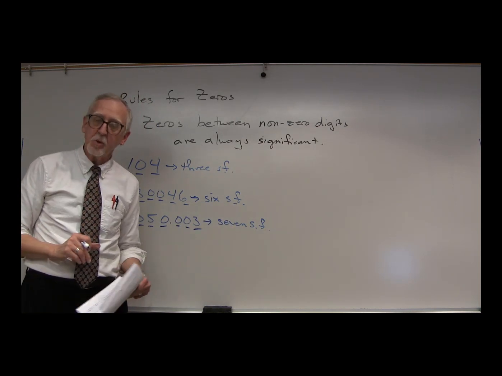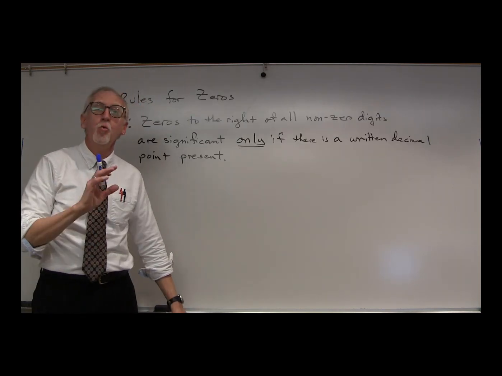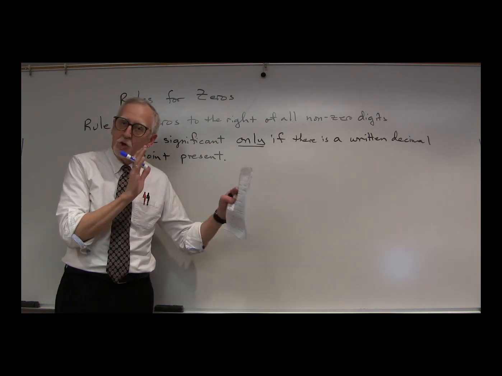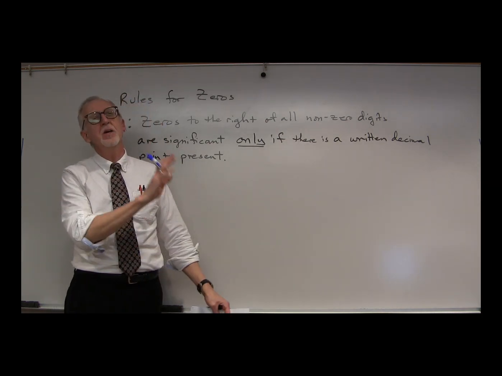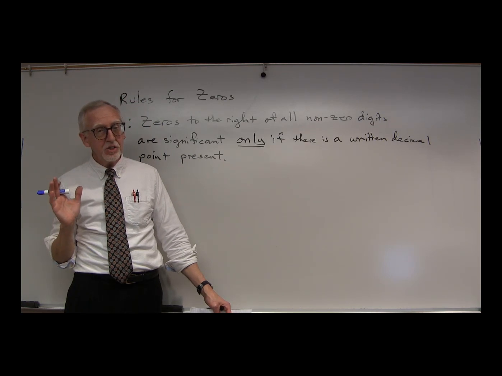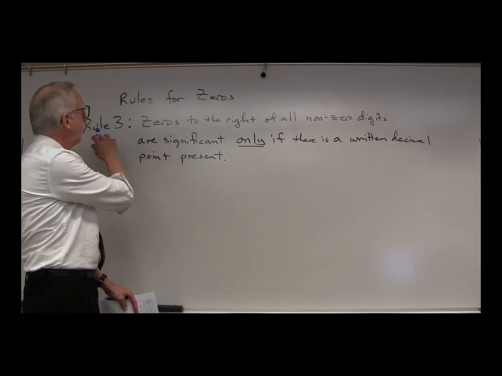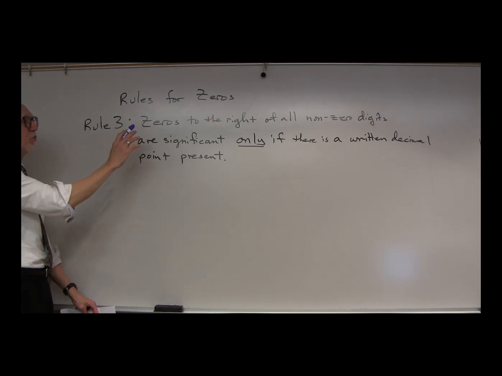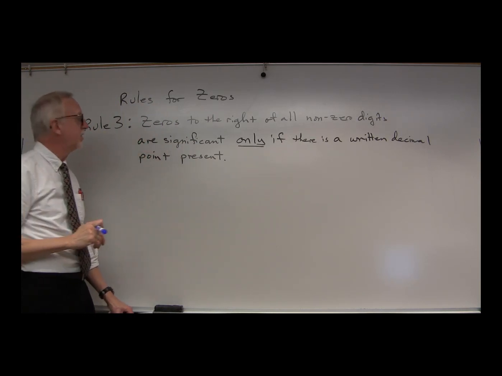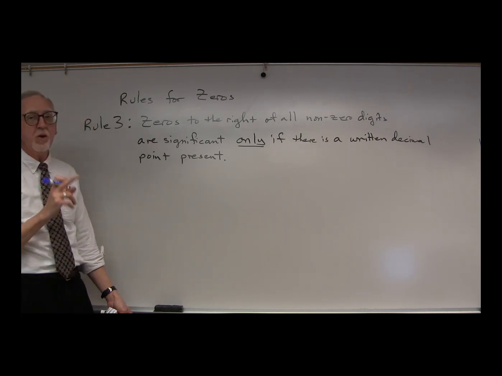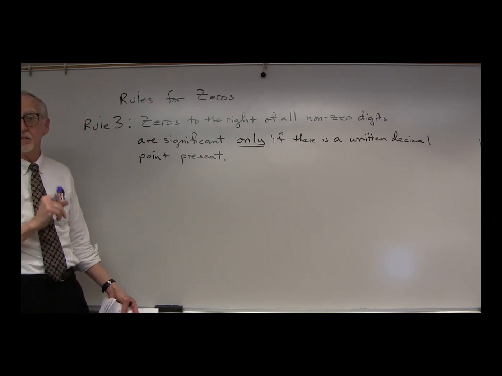Okay, so there is rule number 2. What about the last one? Rule number 3. Now, we've talked about zeros in between digits, to the left of non-zero digits. What about zeros to the right of non-zero digits? Rule number 3. Zeros to the right of all non-zero digits are significant only if there is a written decimal point present.